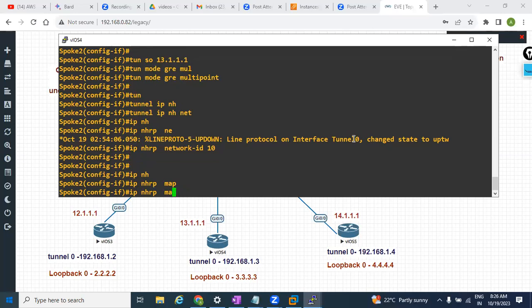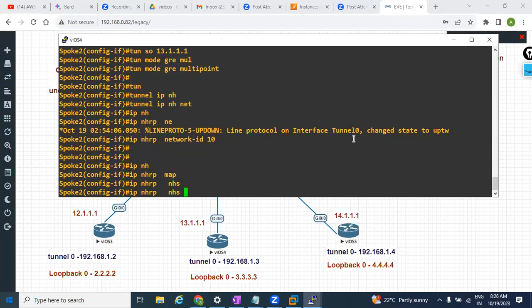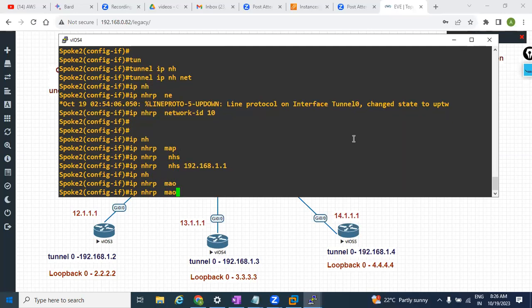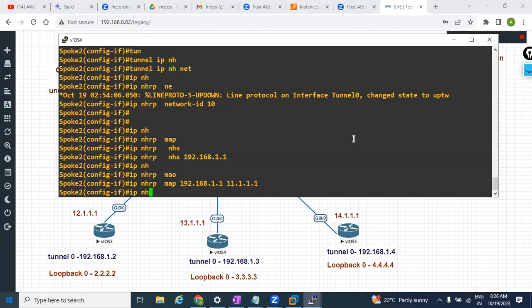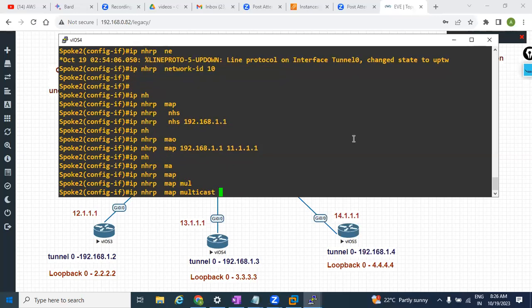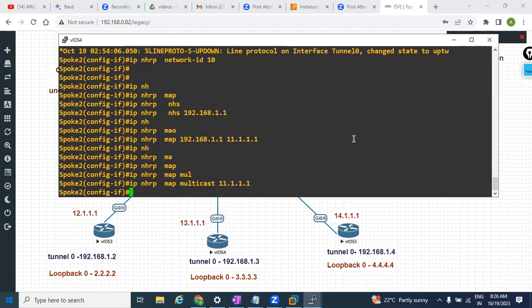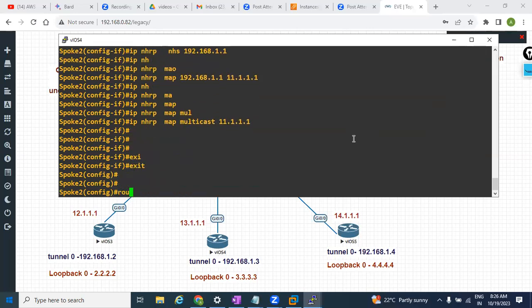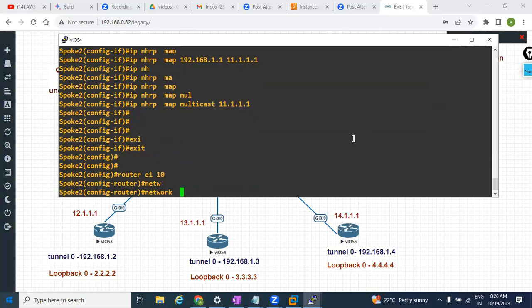So NHS 192.168.1.1, IP mapping 1.1 with 11.1.1.1, IP map multicast with 11.1.1.1. IP NHRP network ID 10.